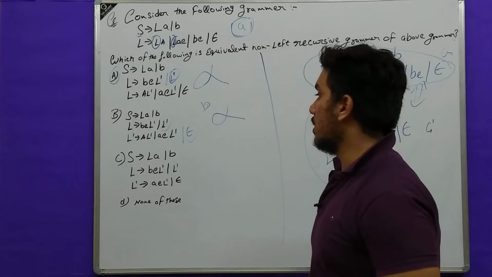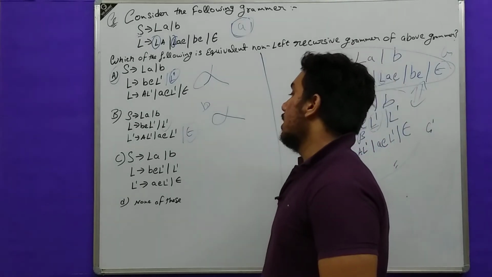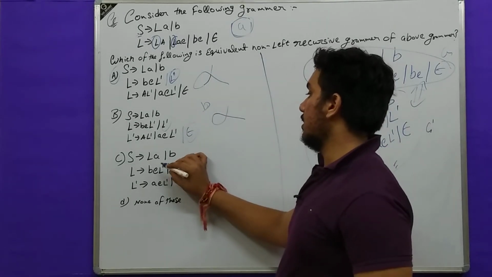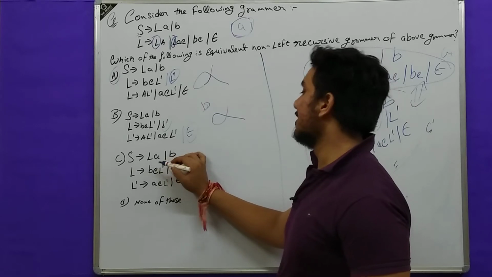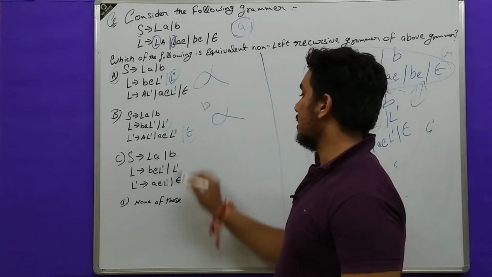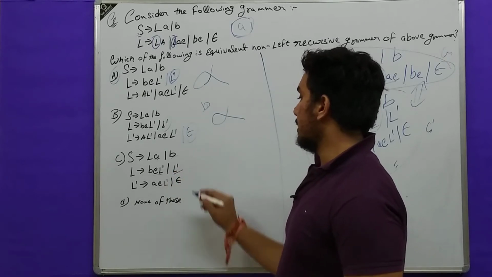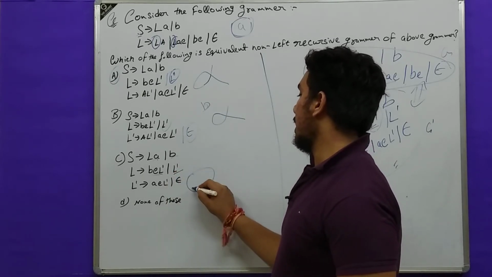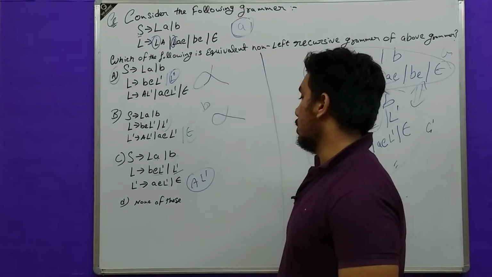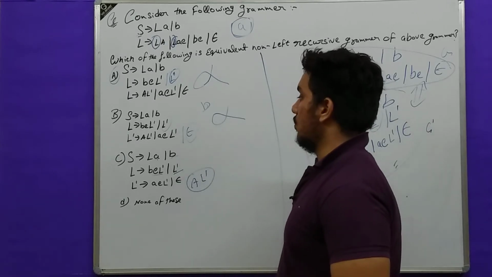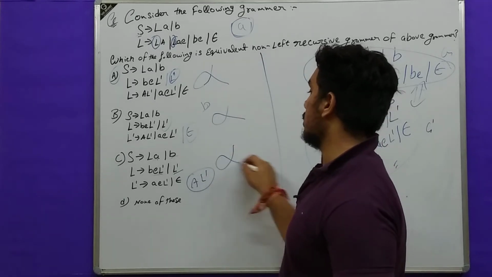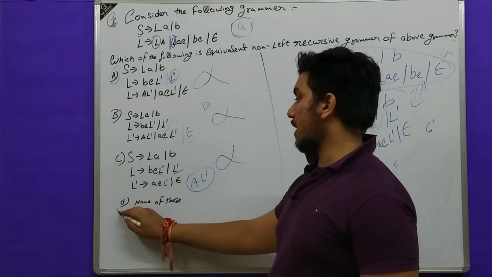So B is also a wrong option. Then let us see option C. L A B. Okay, this is okay, but the L dash production is missing. So we can say that option C is also wrong. So option D is correct. None of these.